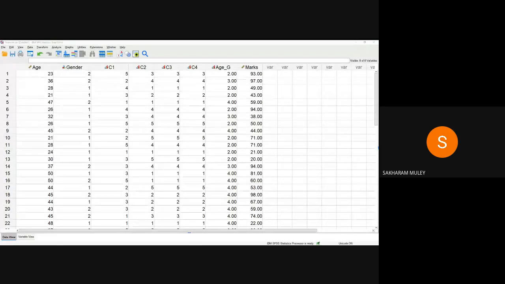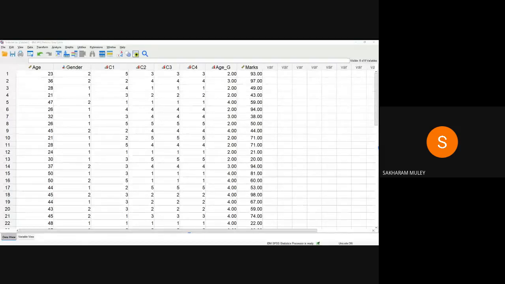So for two groups, I'm choosing a test. The choice is independent t-test. Okay, independent t-test.